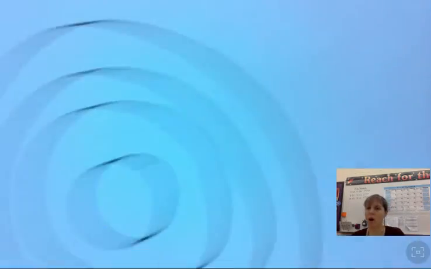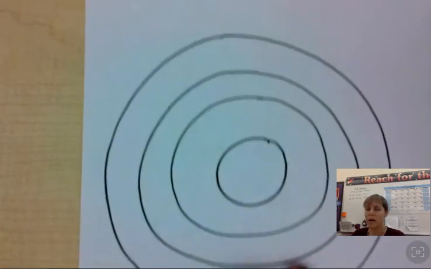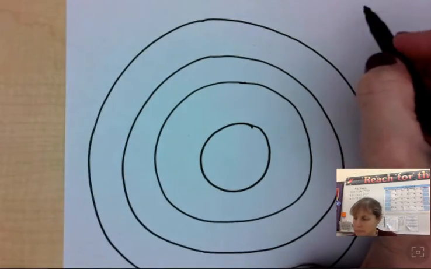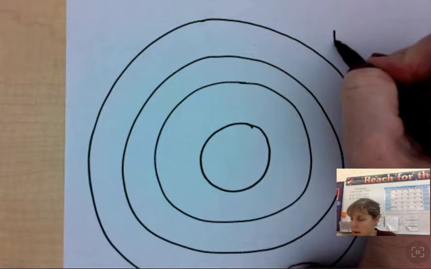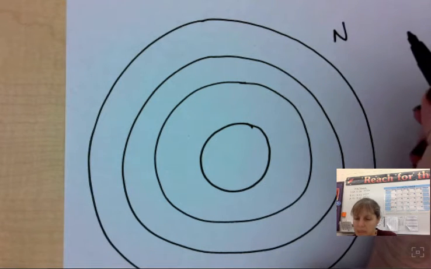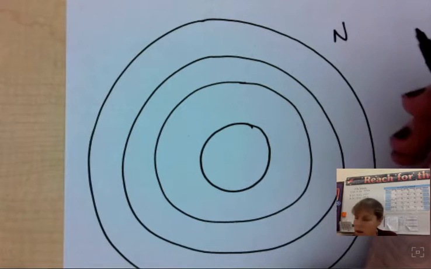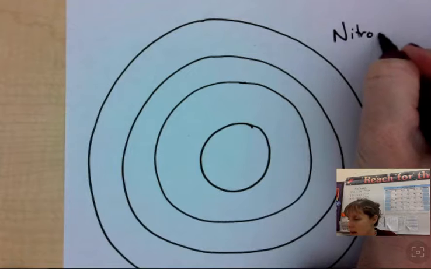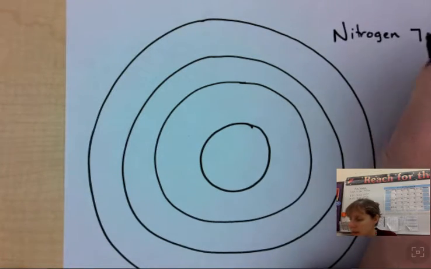Let's use our Bohr diagram of nitrogen. So if you know what nitrogen looks like on the periodic table, you know that nitrogen is symbolized with an N, right? And if you know the atomic number of nitrogen, you know that nitrogen has an atomic number of 7.